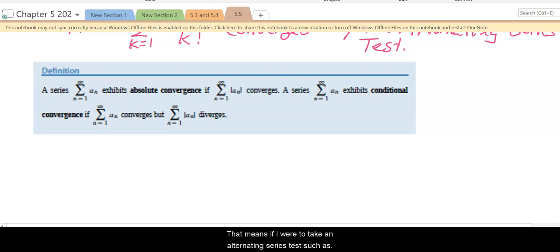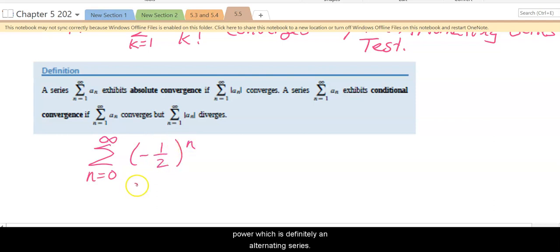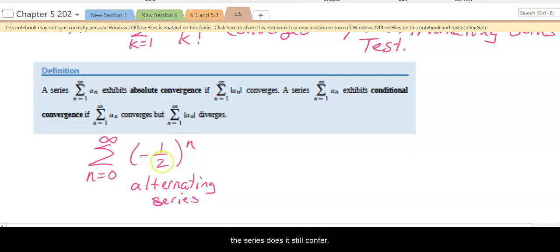That means if I were to take an alternating series, such as the sum from n equals 0 to infinity of negative 1/2 to the nth power, which is definitely an alternating series, and I were to take the absolute value of the terms of the series, does it still converge?